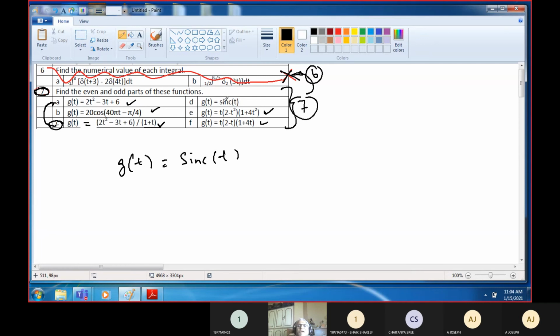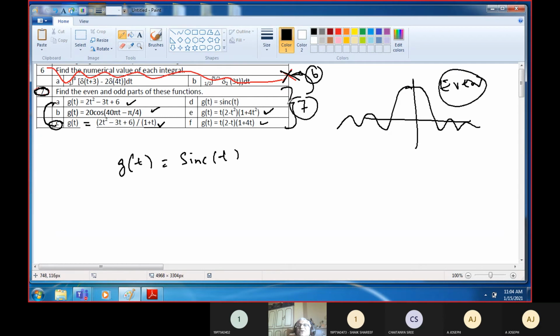Actually, you don't have to do anything here, but you need to know the structure of the sinc function. If you look at the sinc function, as I told you in the previous class, it is like this. That means it is clearly an even function, and you don't even have to bother whether any odd part is there or not.